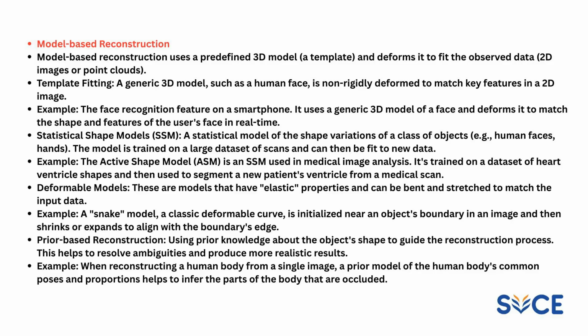Here we begin with a predefined 3D model, like a template, and then deform, adapt or constrain it to fit the observed data like images, videos or point clouds. This makes the process more robust, especially for objects with predictable shapes like human faces, hands or organs.